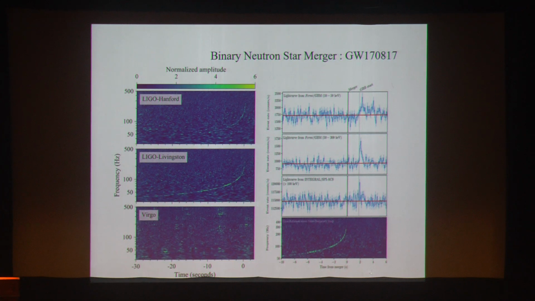Okay, and what happened? This neutron star collision was not only observed in gravitational waves, it was also observed in light. There was an alert after this collision.